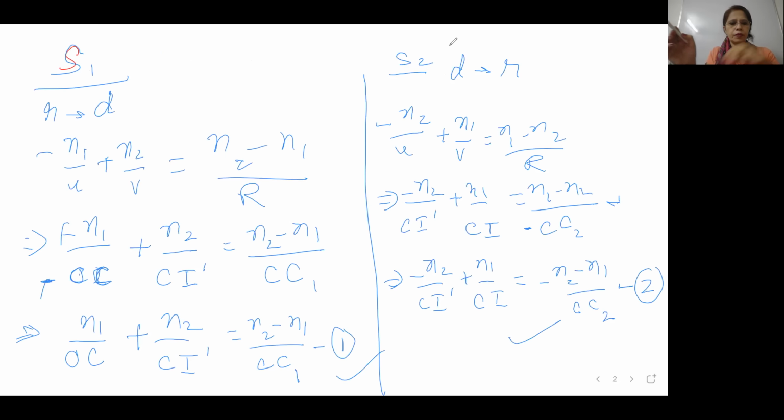On adding equation 1 and 2, what will we get? See, two things will cancel over here. N2 upon CI dash will cancel.